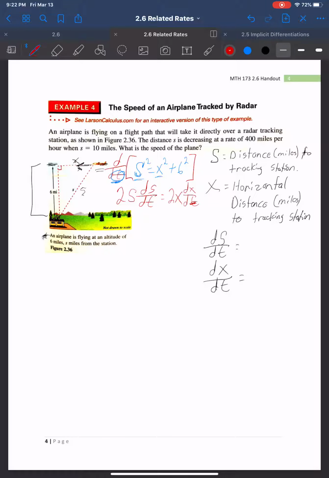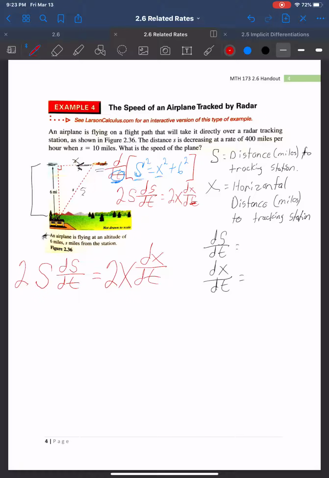All right. Now, at this stage, if you don't mind, let me come down a little bit and rewrite this so it's not so sloppy. I'm going to give myself some more space. So we have 2 times s times ds/dt, and that is equal to 2 times x times dx/dt.